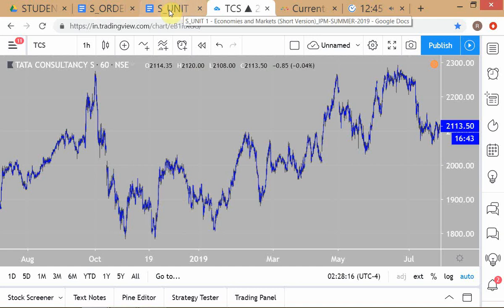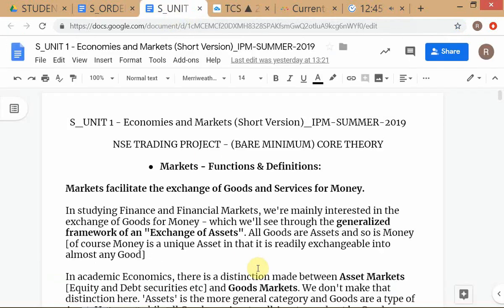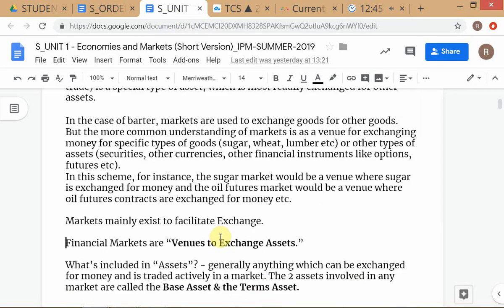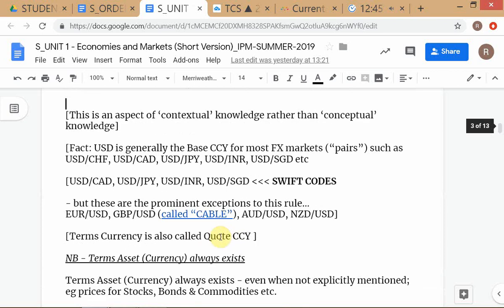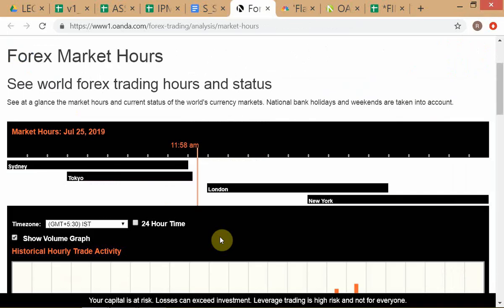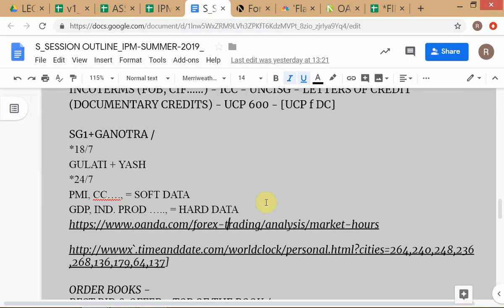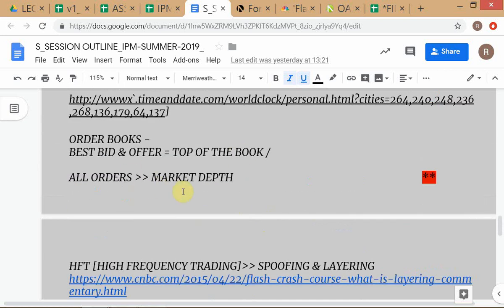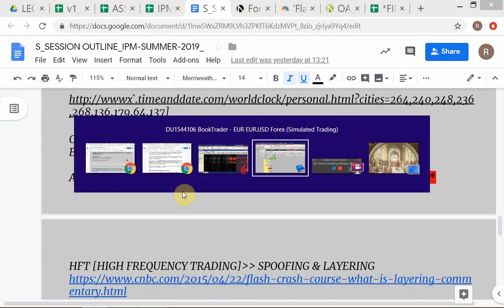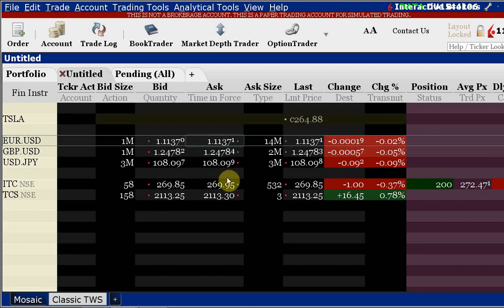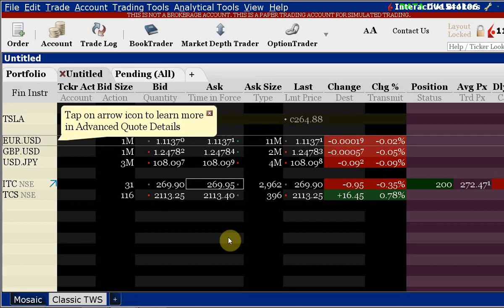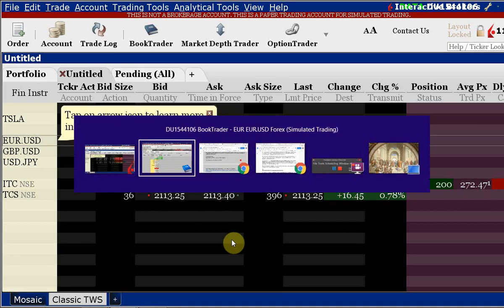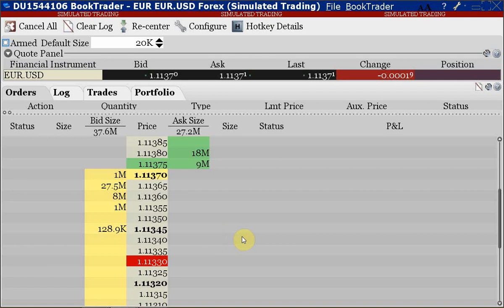At any point, if you don't follow anything, you have to say so. So spoofing, layering, that topic has been covered, right? Okay, order books, top of the book, market depth, all right? So this is your market depth. Here you see the market depth, right?